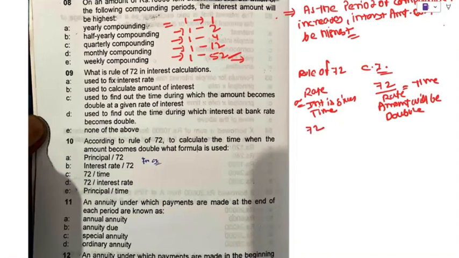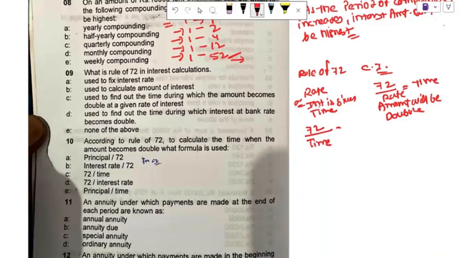Or 72 divided by time, we can find at what rate the amount will double.